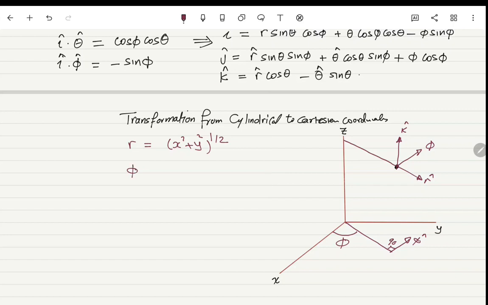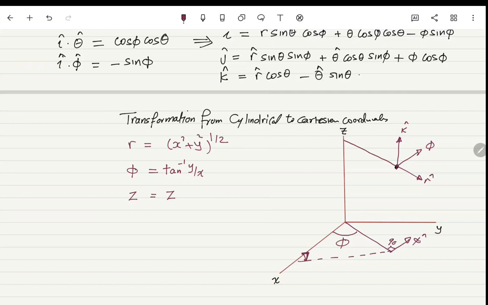And phi, in this case here, if this is phi, so this will be like this one here, and this is 90 degree, this one 90 degree. So tan phi is equal to y over x, phi equal to tan inverse y over x, and z actually is the same as z in cylindrical coordinates.